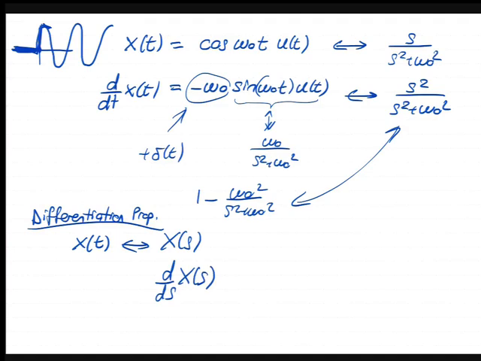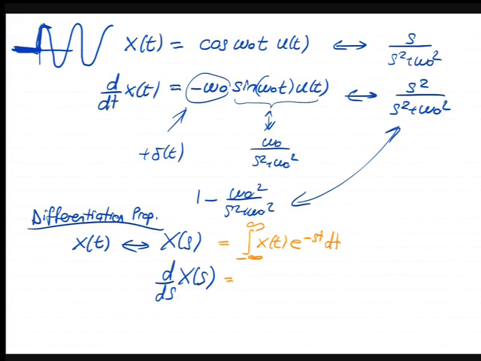This is actually a very simple question, because x of s, you know, is the integral of x of t e to the negative s t dt. So if you take the derivative of this expression with respect to s, you'll actually see what time domain signal would give you that Laplace transform.